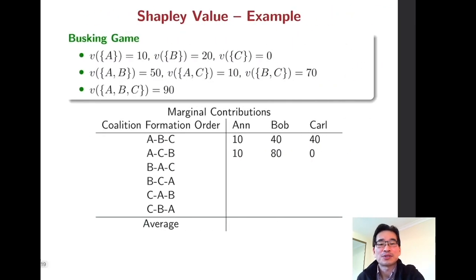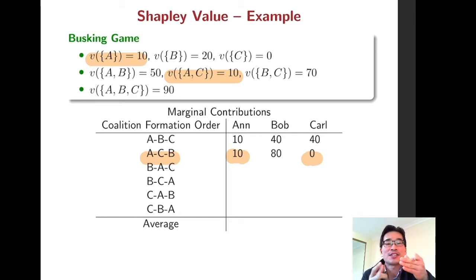Now we consider another possible coalition formation order, A, C, B. So A comes first, again A generates 10. Now C comes later. So what we have to consider is AC, but at this point, the marginal contribution of C is 0, because without C, A still can generate 10.